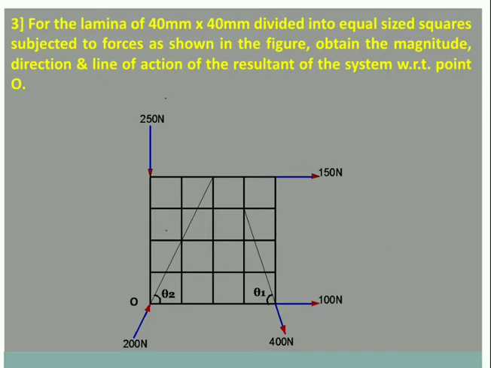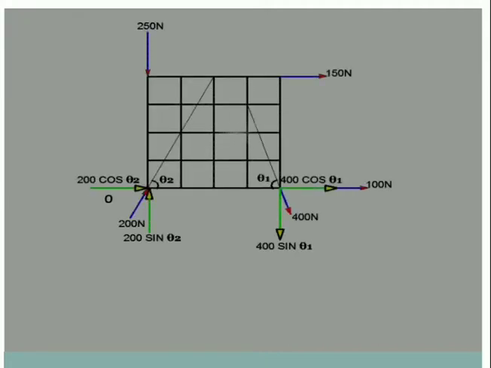So, let us start with the solution for this example. First is the resolved diagram, wherein the inclined forces of 200 and 400 kilonewton are split up into 200 cos theta 2, 200 sin theta 2, 400 cos theta 1 and 400 sin theta 1.